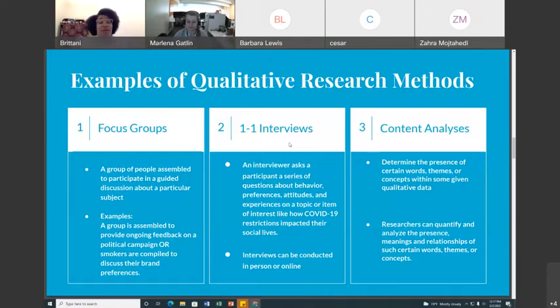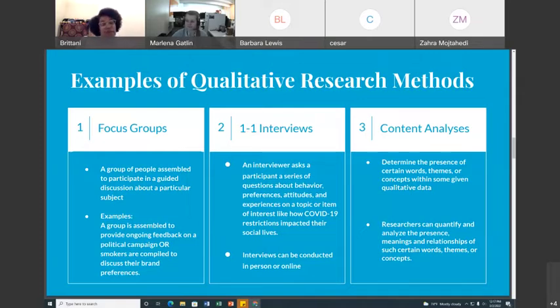Then we have one-on-one interviews, which I personally think yield some of the richest data. That can consist of questions about behavior, preferences, attitudes, experiences on a topic or item, like how COVID-19 restrictions impacted individuals' social lives.